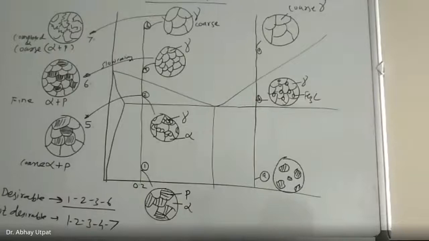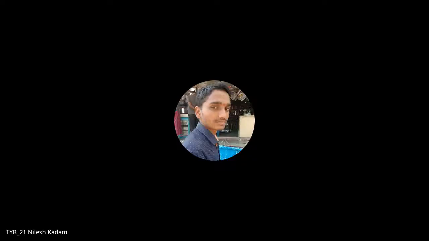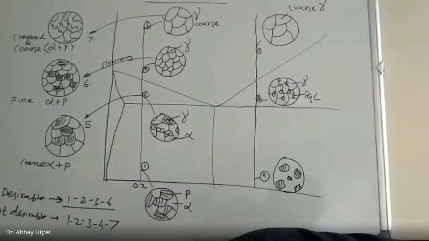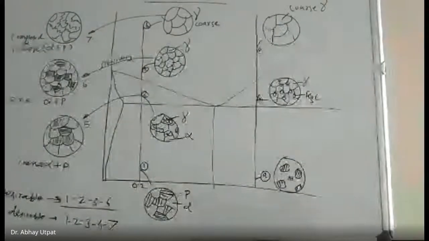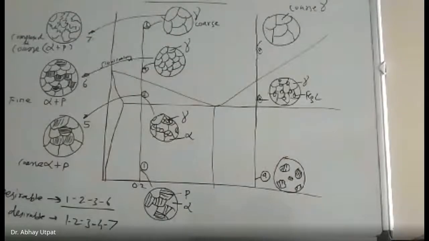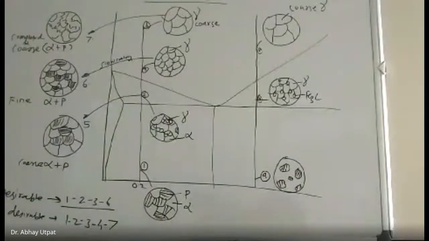Nilesh Kadam, roll number 21. Yes, sir. Whether figure is over, left hand side? Yes, sir. Over. Sir, 5, 6, 7 is visible. Roll number 17. Actually, I have given responsibility to him. Okay. Any other student? Roll number 14. Pratik Deshmukh. Yes, sir. Whether your figure is over?